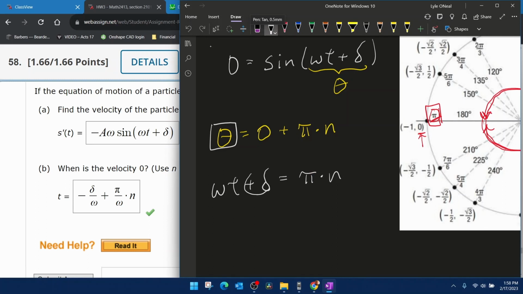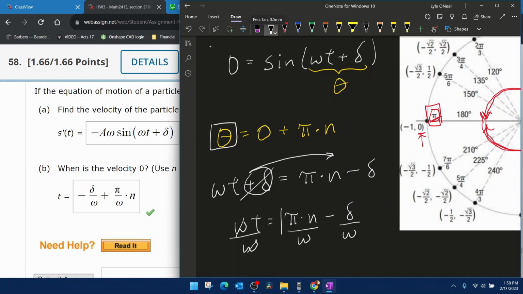Then to solve for t, we're going to move the delta over, making it minus delta. Omega t equals pi n minus delta. Then if I divide everybody by omega, I get my answer for t.